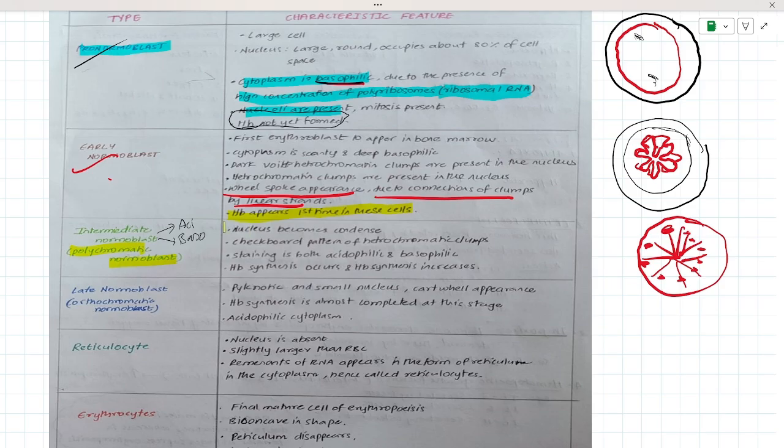Now, what is the main characteristic feature? The nucleus becomes condensed, that is, the nucleus shrinks and its size decreases. Initially the size of the nucleus was like this, now it becomes like this because of the condensation. Staining is both acidophilic and basophilic.